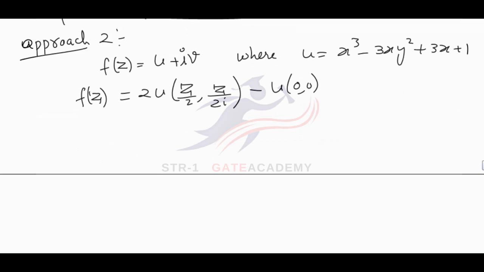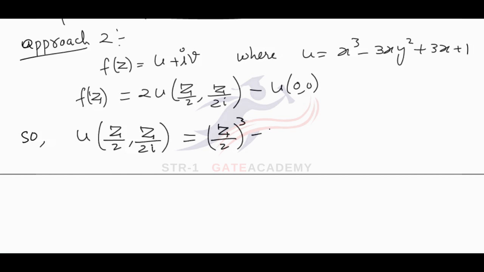So find out u(z/2, z/2 iota). Directly, what will it become? Instead of x I will put z by 2, and instead of y I will put z by 2 iota.